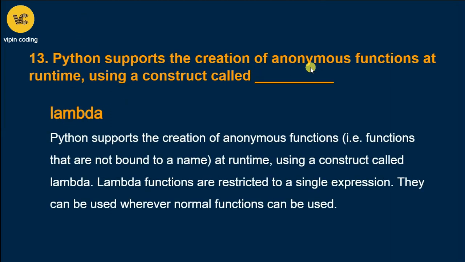Python supports the creation of anonymous functions, that is, functions that are not bound to a name, at runtime, using a construct called lambda. Lambda functions are restricted to a single expression. They can be used wherever normal functions can also be used, right?